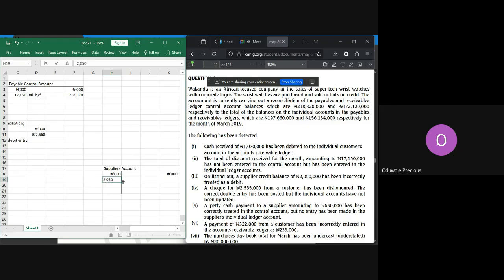That's the wrong posting. They now ask you to do the correct posting. How will you do the correct posting? Because it's supposed to be on the credit side, but now it is on the debit side. If you want to do the posting, you cannot just say it is 2050.